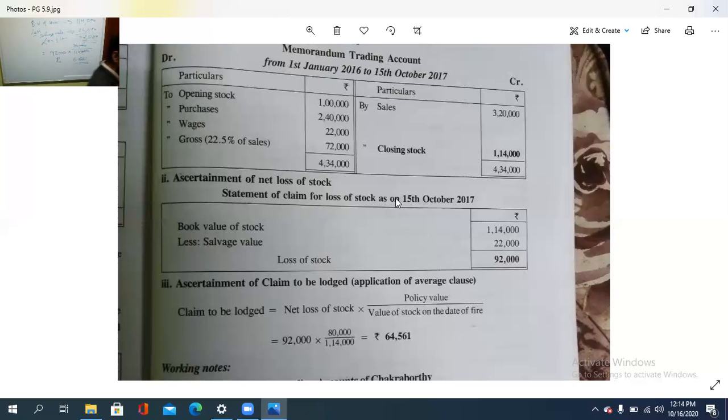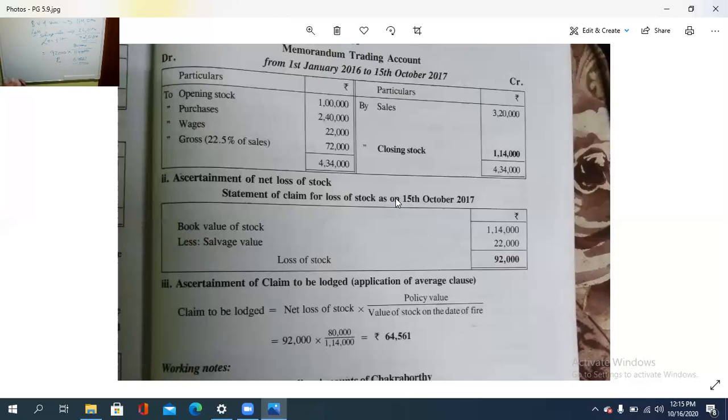This type of problem will be asked, because we need to calculate three things. One is the memorandum trading account, where we calculate the book value of the stock at the time of fire. From that we deduct the salvage value. Then we get the net loss on the stock of fire.